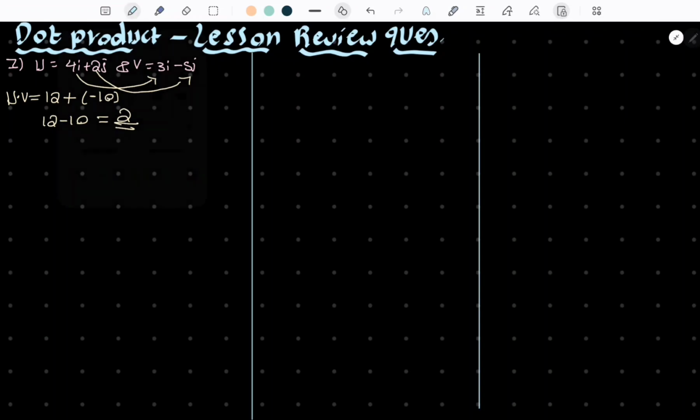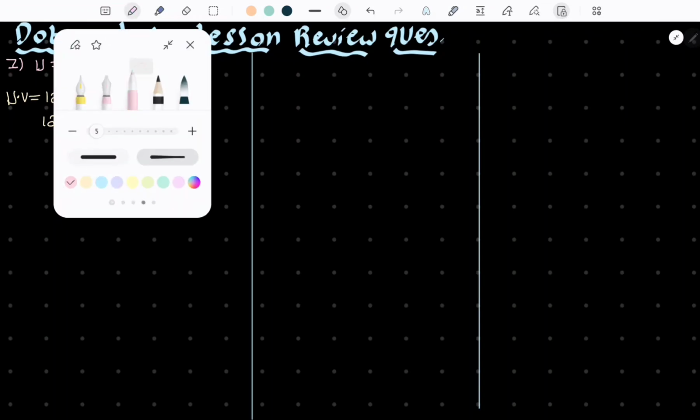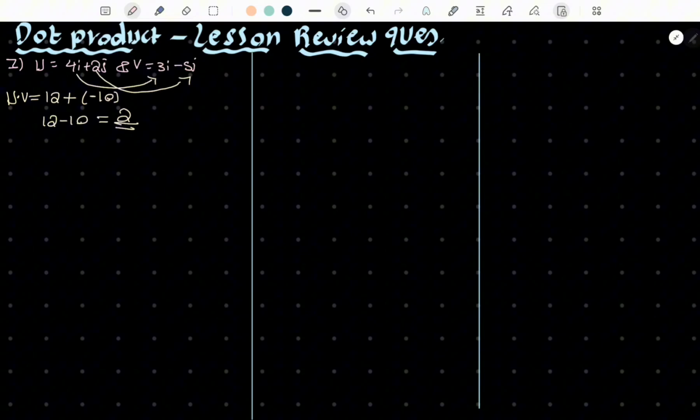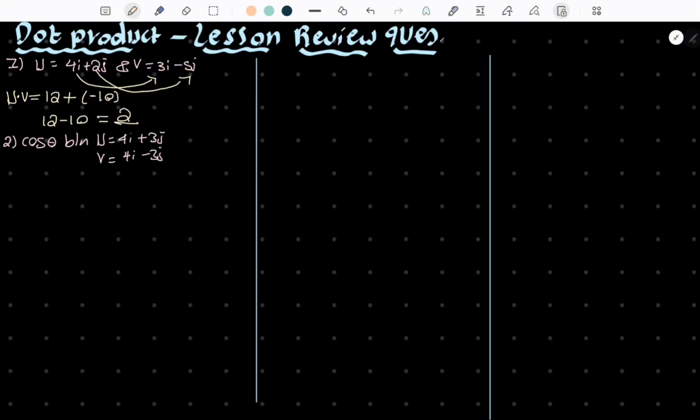For the next question, we will be finding the cosine of the angle between two vectors. To find the cosine between these two, the first thing that we need to do is find their magnitudes. Using the Pythagoras theorem, you can find the magnitude of both vectors. The next thing we need to do is find their dot product.